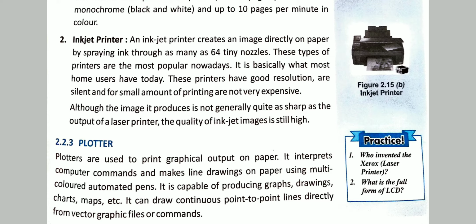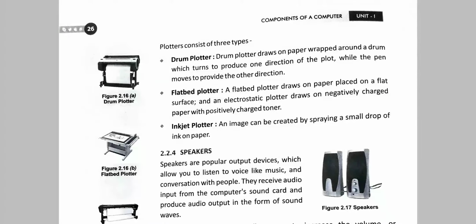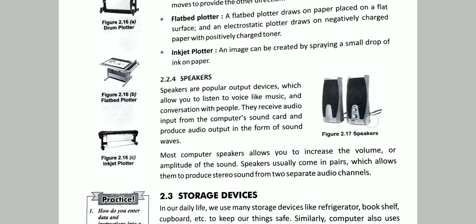It is capable of producing graphs, drawings, charts, maps, etc. It can draw continuous point to point lines directly from vector graphic files or commands. Next we have the drum plotter, flatbed plotter and inkjet plotter. You can read about that, it's very simple.